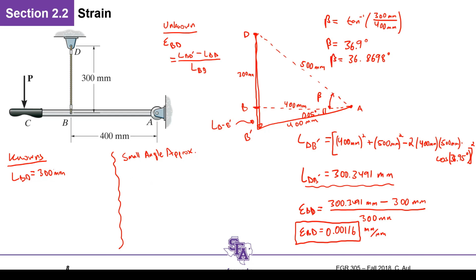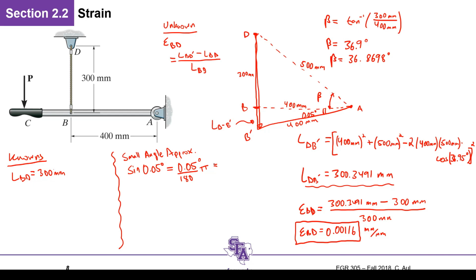Since 0.05 degrees is pretty small, we can say this distance LB prime can be found by saying, all right, well, the sine of 0.05 degrees should be equal to really just 0.05 degrees, which if we want to calculate that in radians, we'd say divided by 180 times pi. This would make it in radians. So what is that value there?